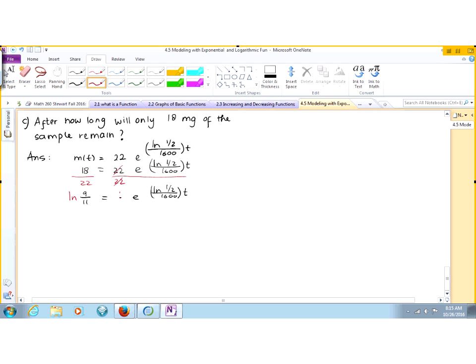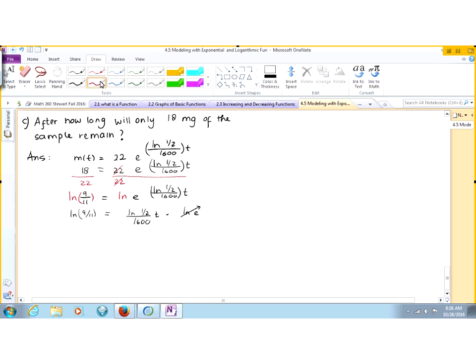Then what? ln. Once we finish isolating, then it's ln. So ln 9 over 11 is equal to ln half over 1600 t times ln e. Okay, good. ln e is 1.